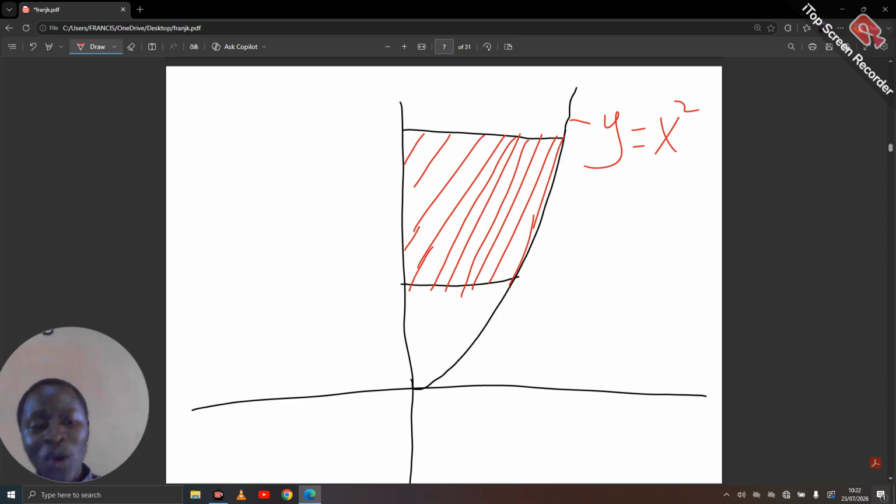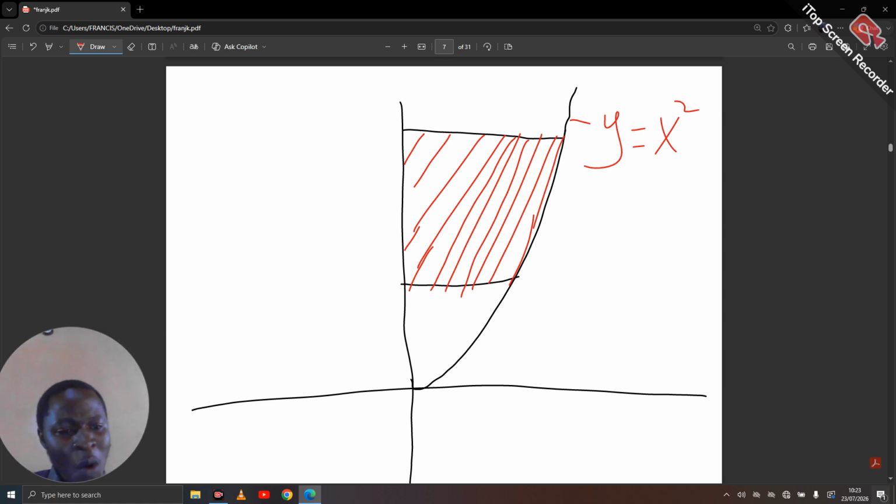If you have been keen all along with me, the curves that cut the x-axis were equated to y.